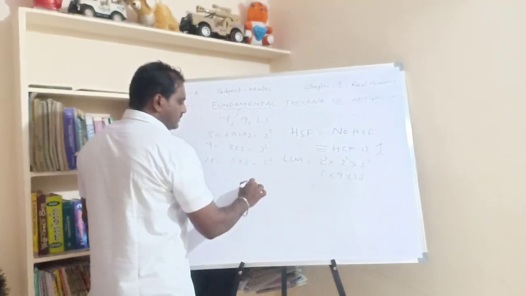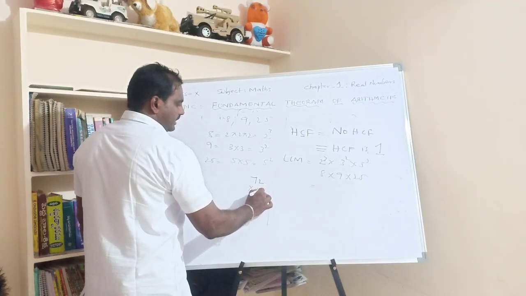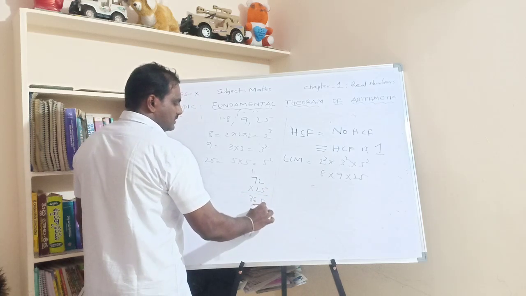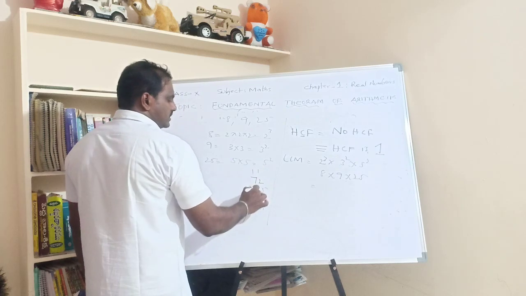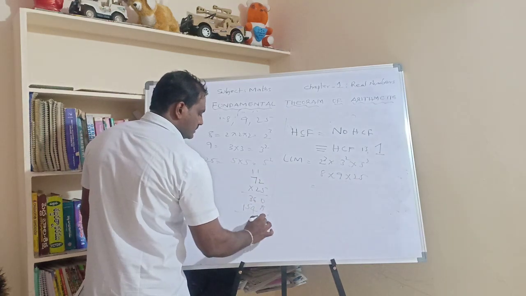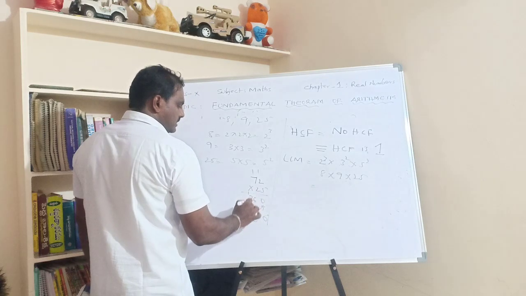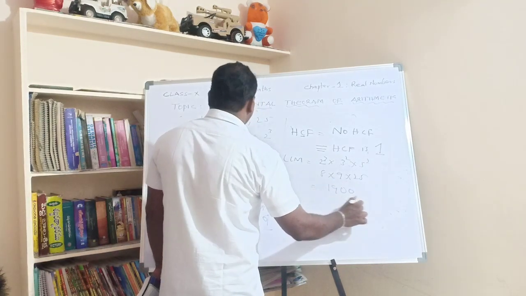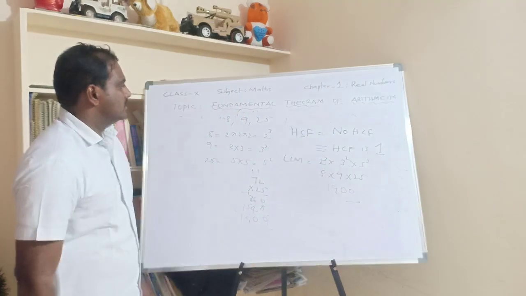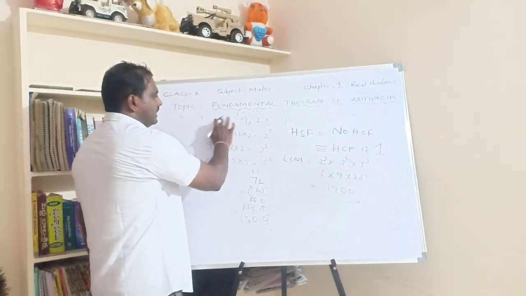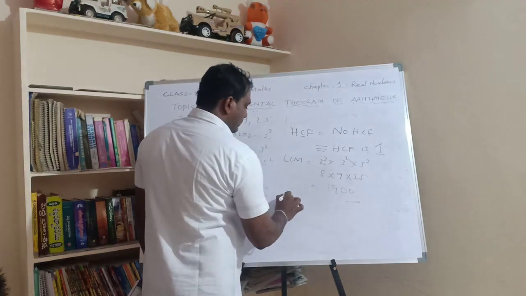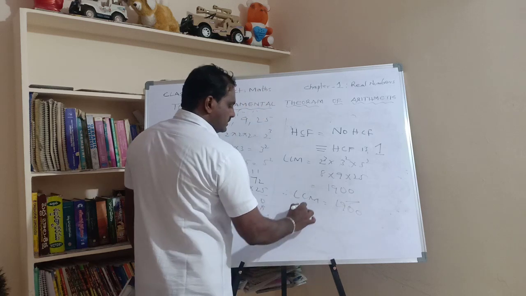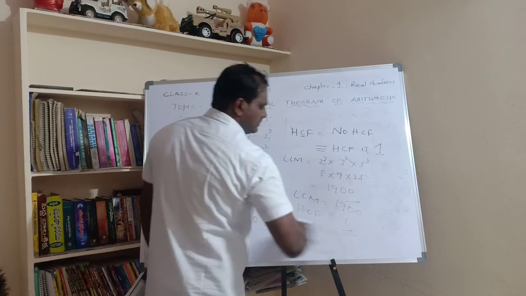So 8 9s are 72. 72 into 25. 25 8s are 200, 200 into 9, 1800. So the answer is 1800. Therefore LCM is 1800 and HCF is 1.